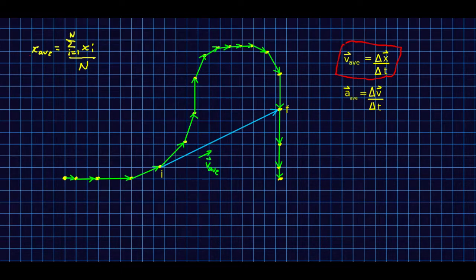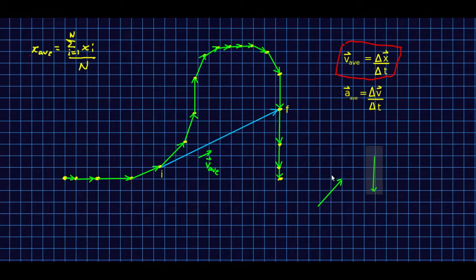Now let's just think about an average acceleration. And so I'm going to take this vector here just after the I as my initial velocity, and I'm going to take this velocity here just after the F as my final, and I'm just going to drag them over here where I can work with them.